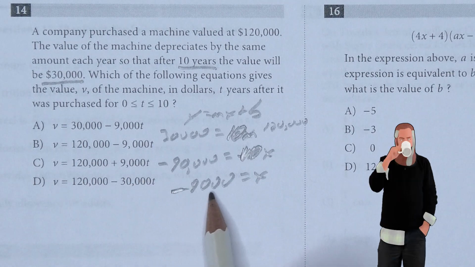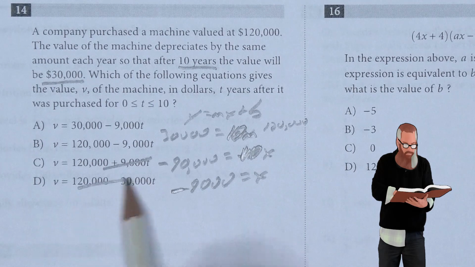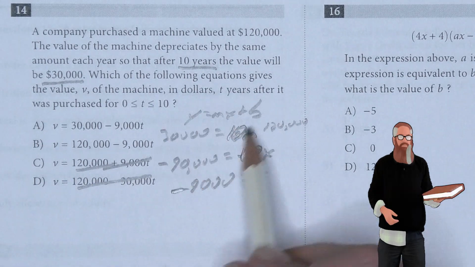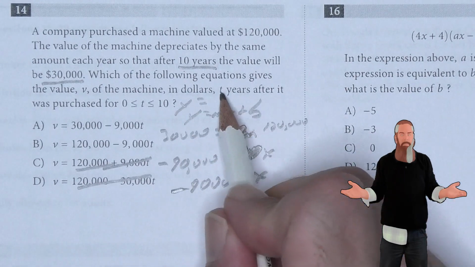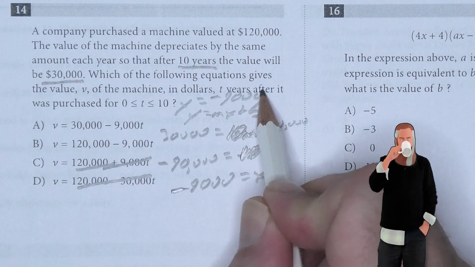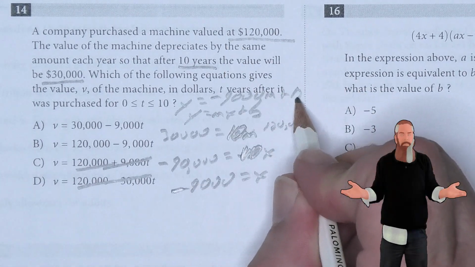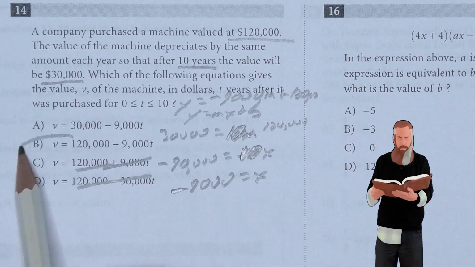So I need a negative 9,000t, which I do have in these cases, but not in these cases, eliminating C and D as the answers. Now, if we looked at this original equation, we would be having y is equal to negative 9,000t plus its original value of $120,000, which means B is the answer.